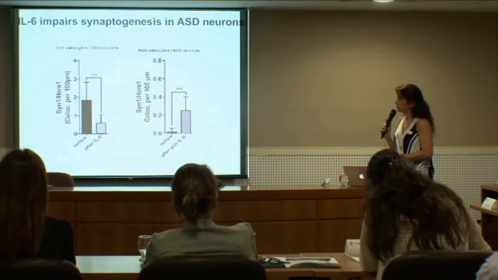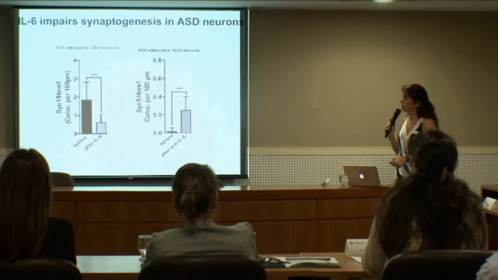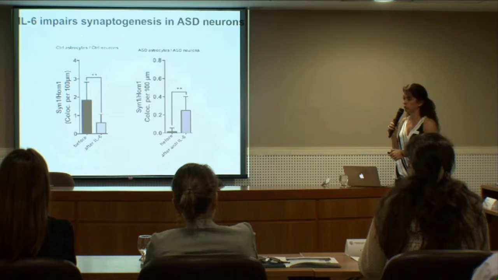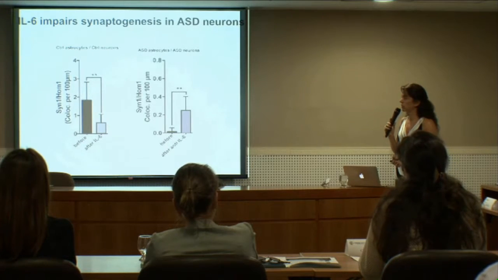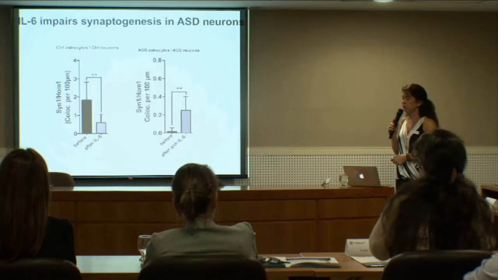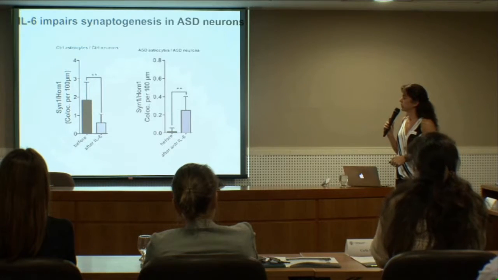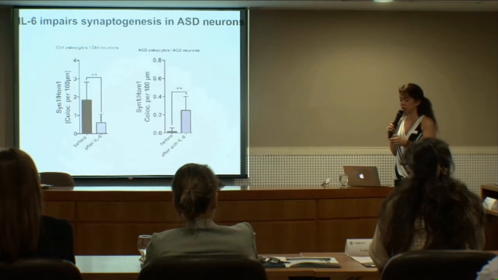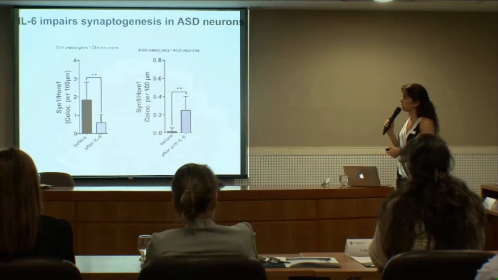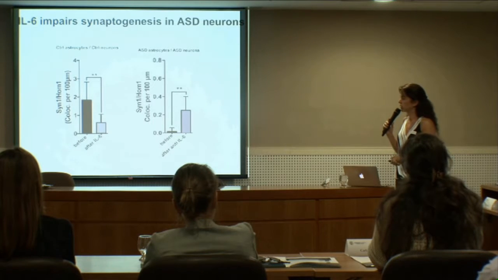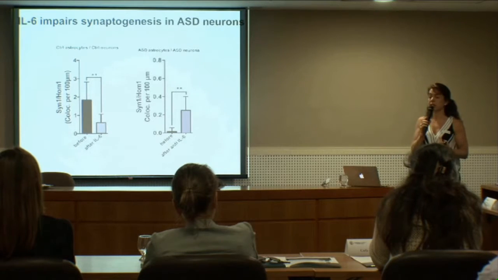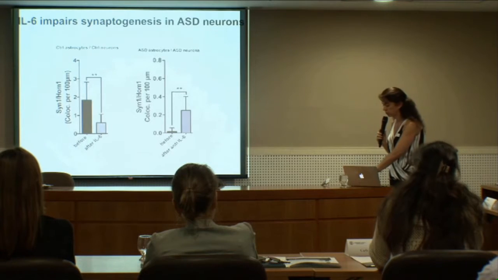This is the control, so we put recombinant IL-6 in the control. We have control astrocytes and control neurons, and the number of synapses just diminishes. Also, when we have the patients' astrocytes with the neurons, and the astrocytes producing IL-6, when you treat with anti-IL-6, we have the recovery of the number of synapses. So this means that IL-6 impairs the synaptogenesis in autistic neurons.